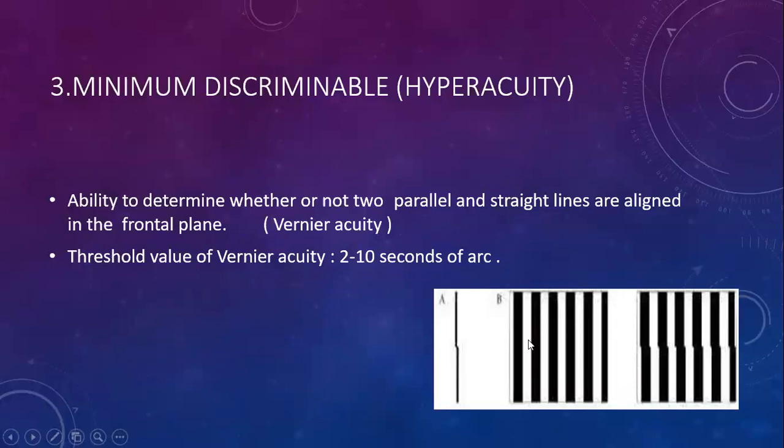See, there's a discrimination over here: see this line and this line. To identify it, you need a vernier acuity threshold of 10 seconds apart, a very low threshold. It is called hyperacuity, sometimes vernier acuity.